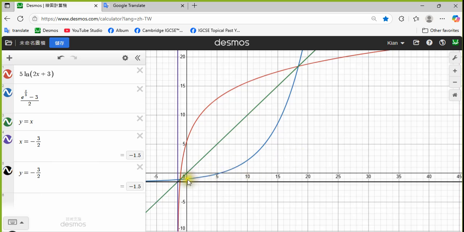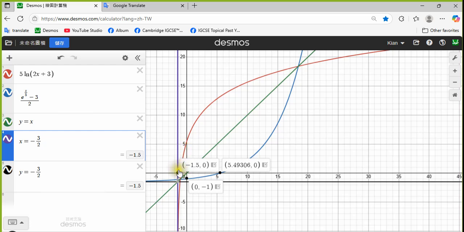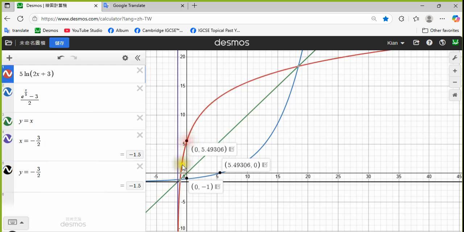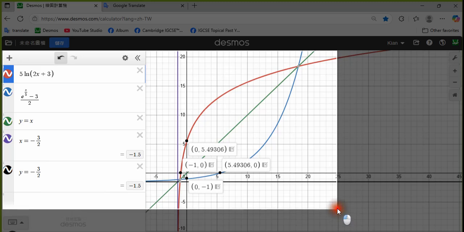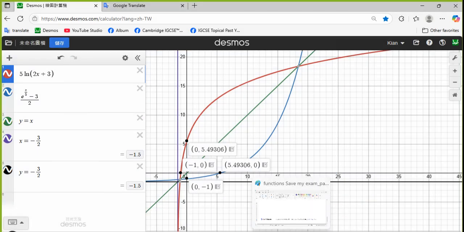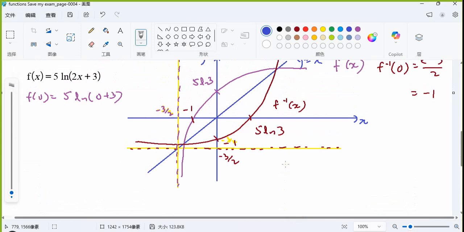Then these 2 points here. Yes, this is how it looks like.